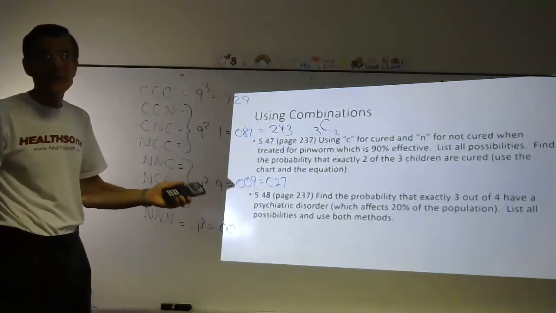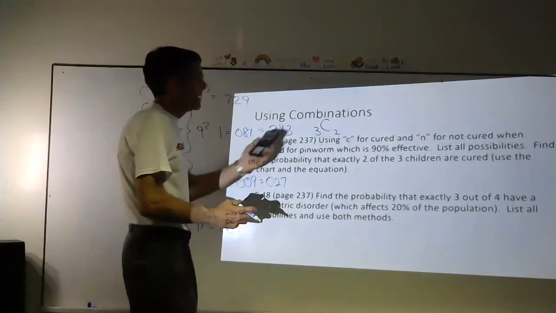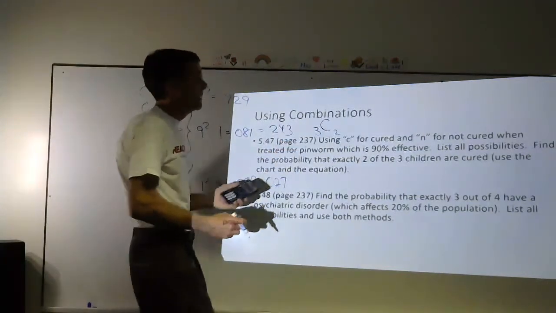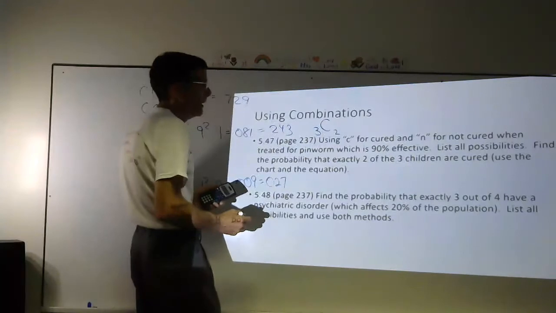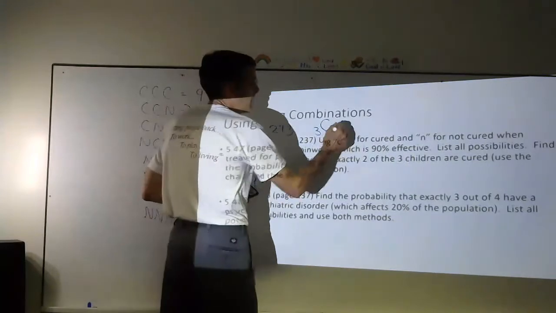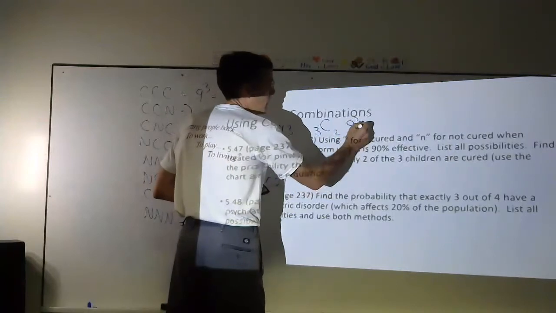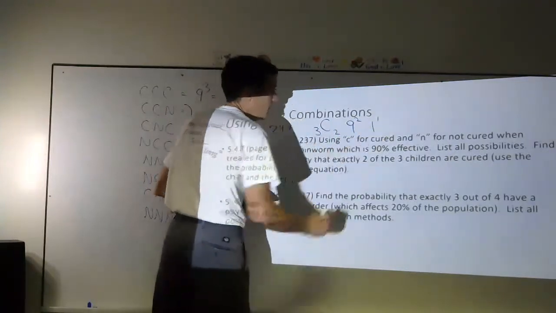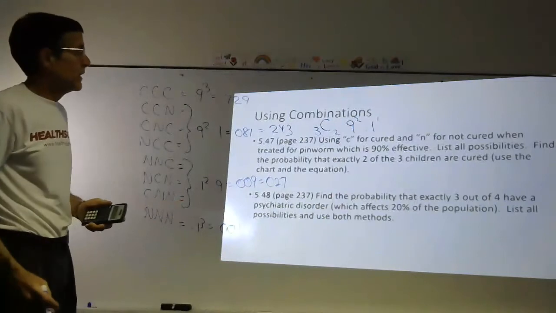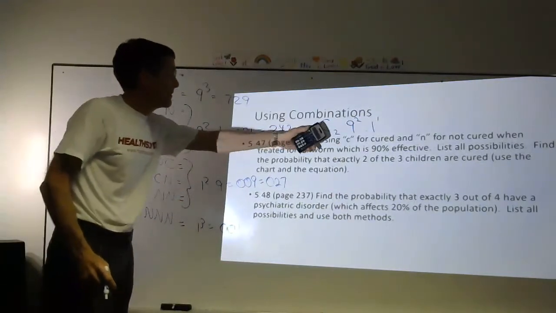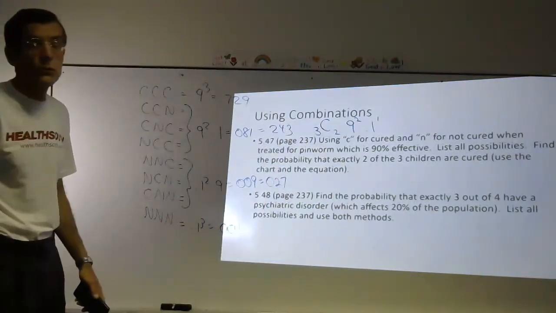Combinations, right? So that's how many ways we can pick 2 out of 3 kids. Now, what's the probability? The probability of a cure is 0.9, and 2 of them are cured, squared, times 0.1. And that is precisely the same answer as 0.243.